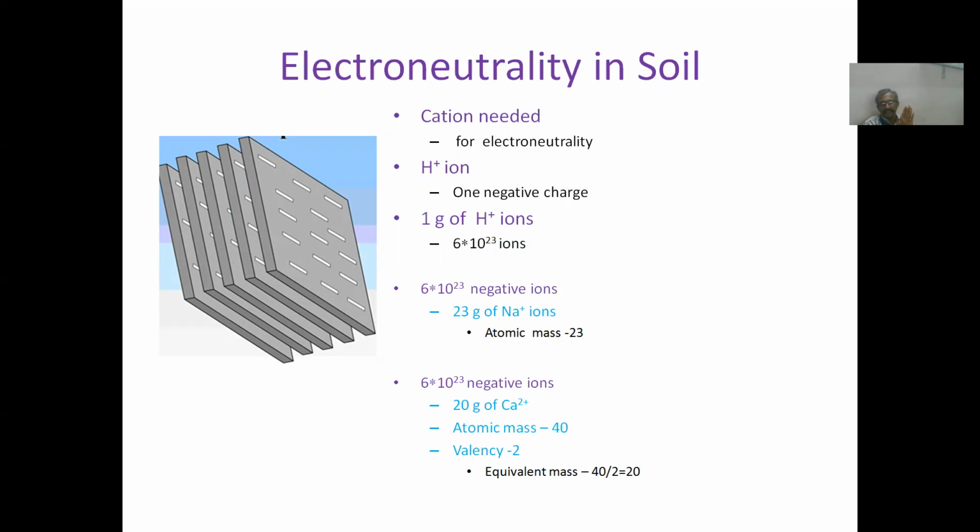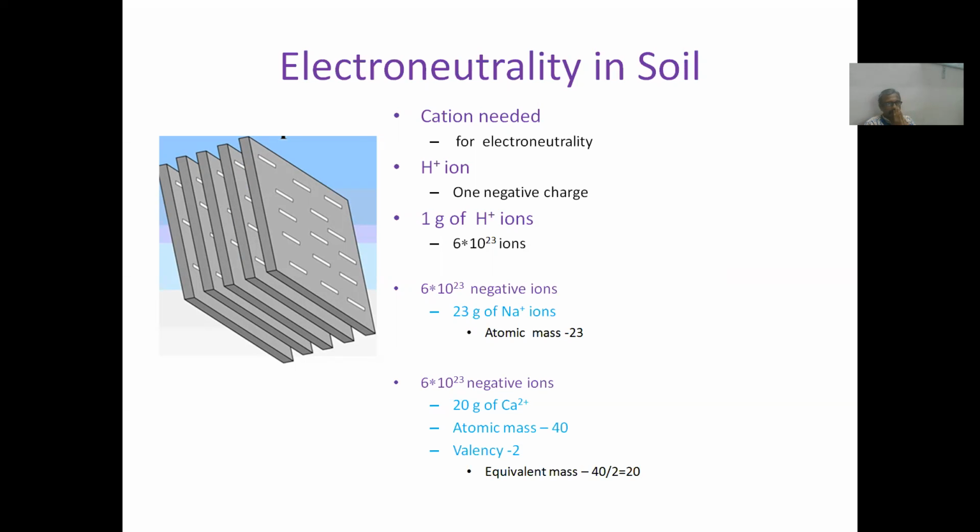If we want to have electron neutrality in soil, we need to supply cations to the soil particles. Let us assume that we use hydrogen ions to neutralize the clay particles. So you know that one hydrogen ion has one positive charge. So one hydrogen ion can be used to neutralize one negative charge.